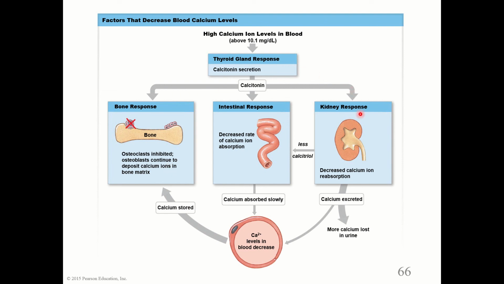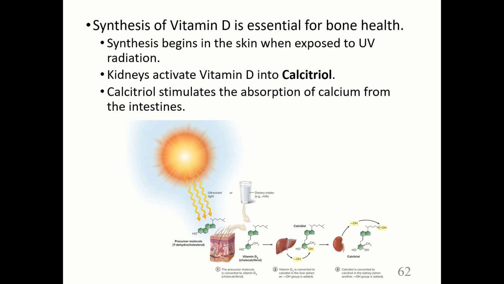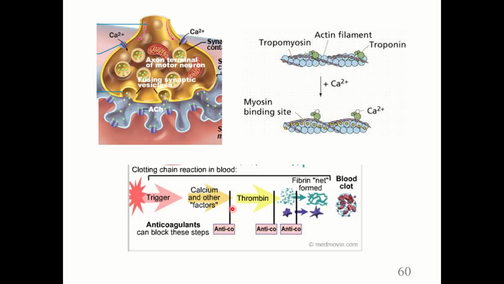Calcitonin will also decrease the calcitriol formation in the kidneys, which will decrease the rate of calcium ion absorption. Another thing the kidneys will do is excrete more calcium in the urine. All of this is to bring our calcium levels back into homeostasis so that we have enough calcium to stimulate neurotransmitter release, muscle contraction, and blood clotting.